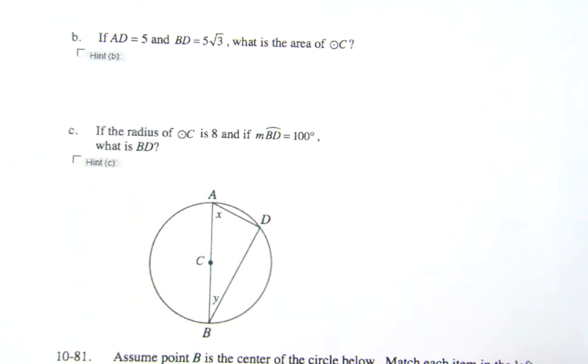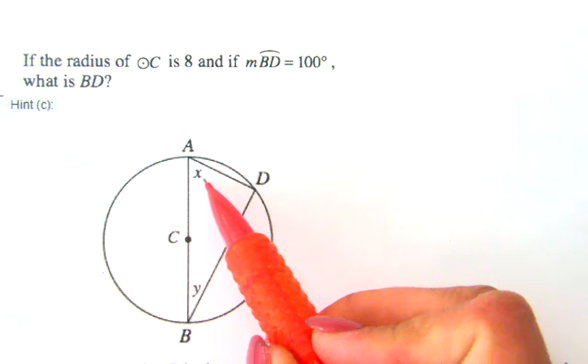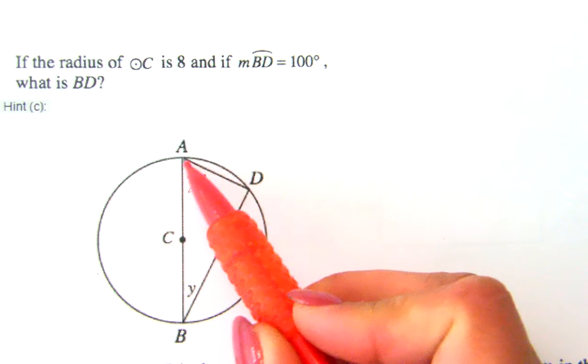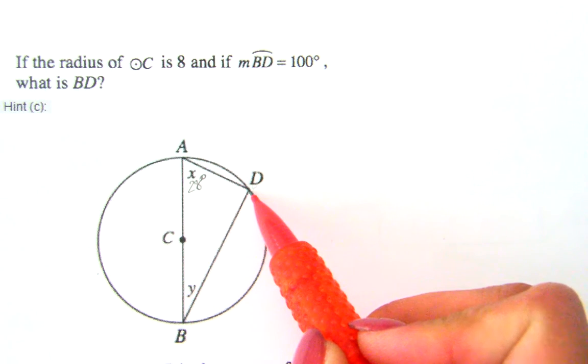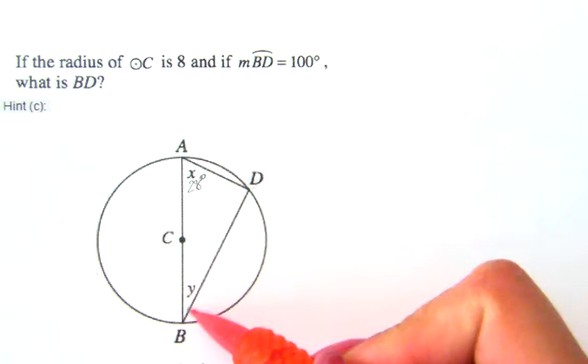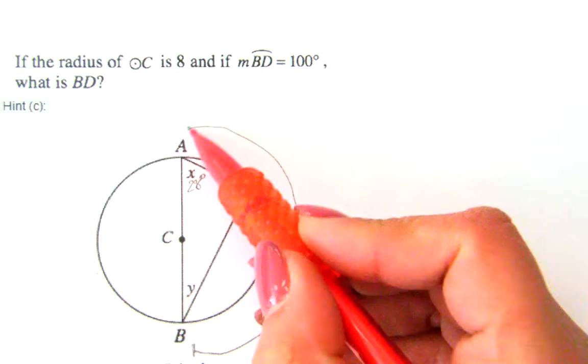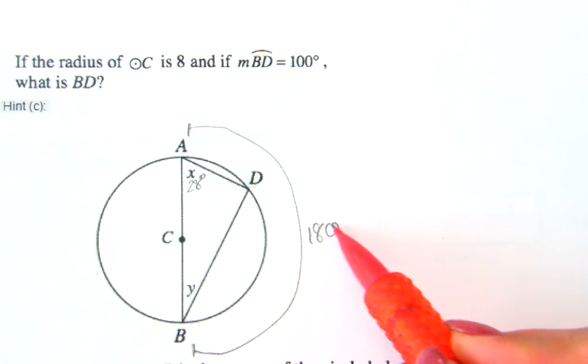So this actually shouldn't be that big of a deal. So if x is 28, let's say, so this part over here is 28 degrees. How much is AD, which is this arc over here? Well, first thing to recognize is this is half of a circle, so this whole thing from A all the way down to B is going to be your semicircle, or 180 degrees.